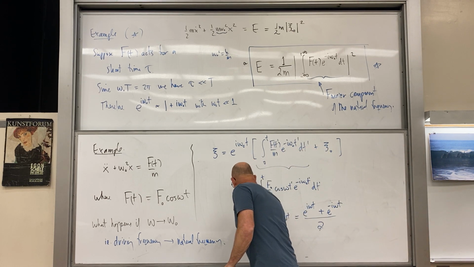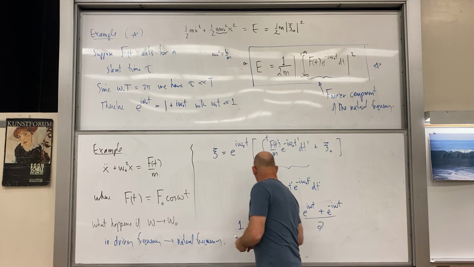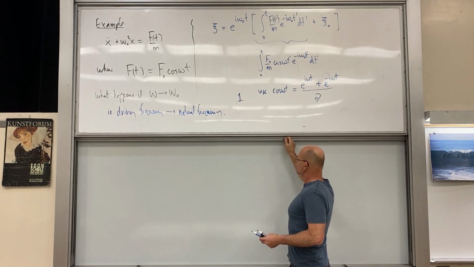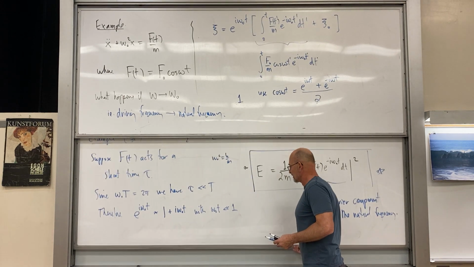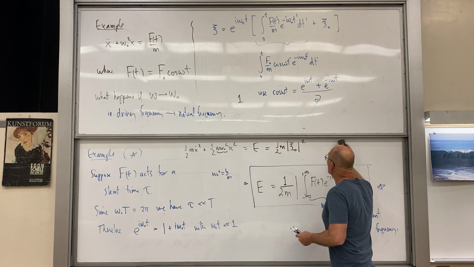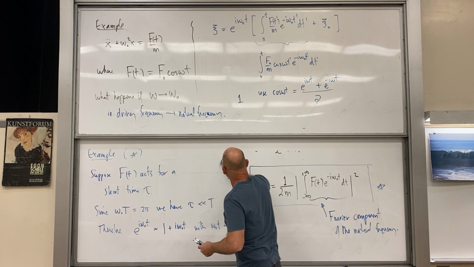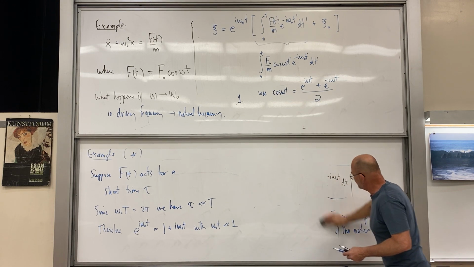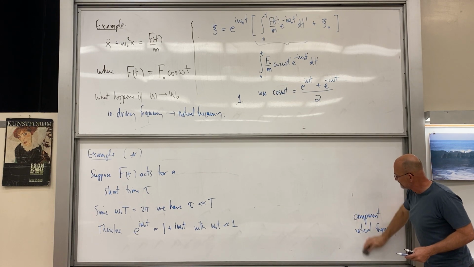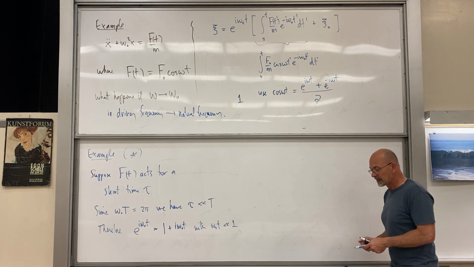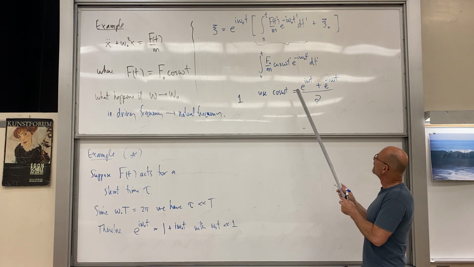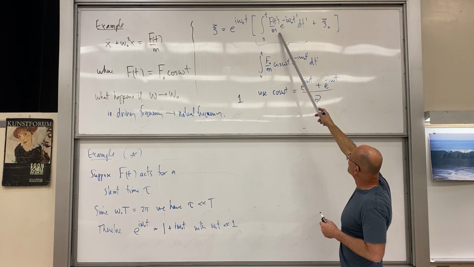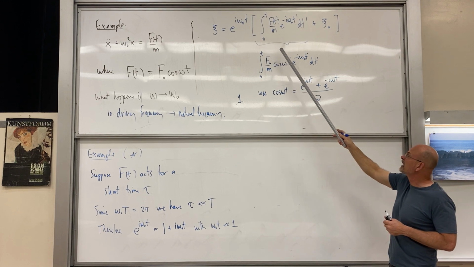But there's a second option, and I think we're going to do both. The second option is to go ahead and put in a complex exponential in here, even though f is supposed to be real.